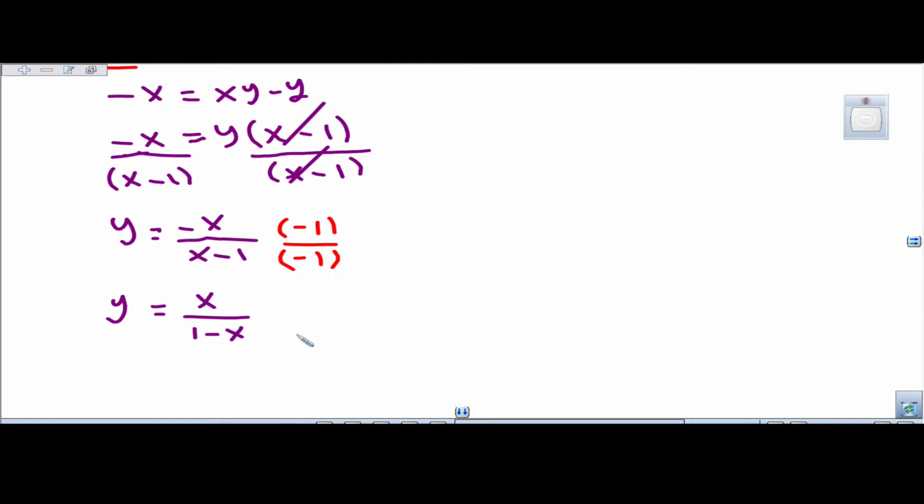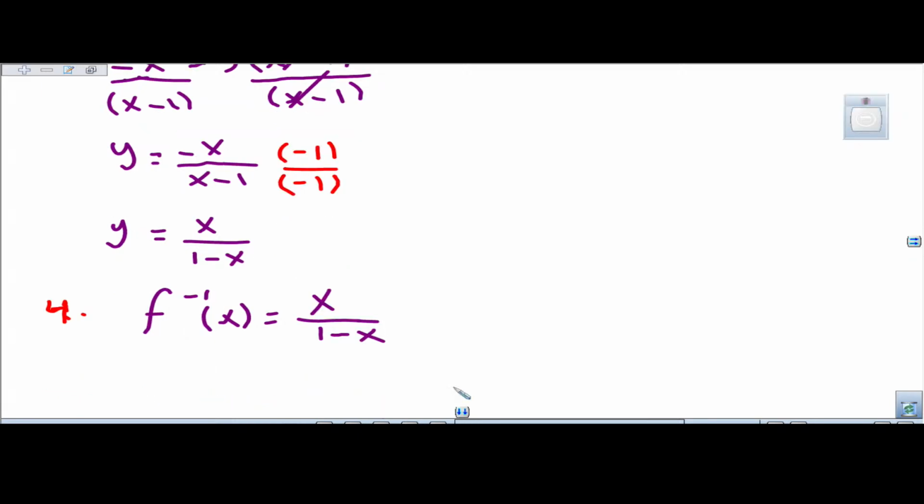And that should be the result, step number 4, which is the f inverse of this function. It's going to be f inverse of x equals x divided by 1 minus x. Okay? This is the inverse of that function.